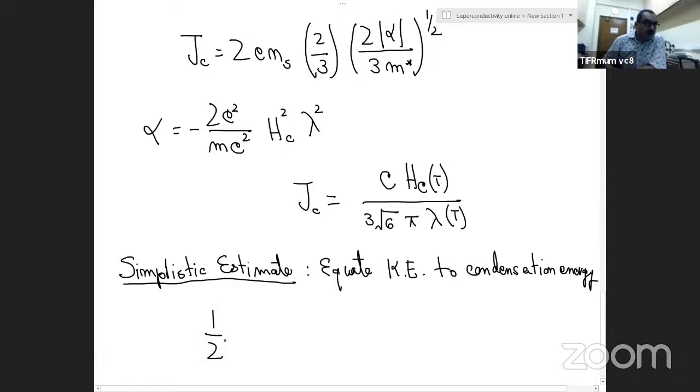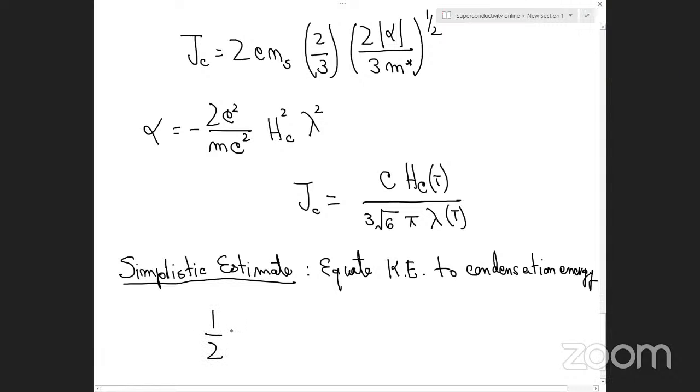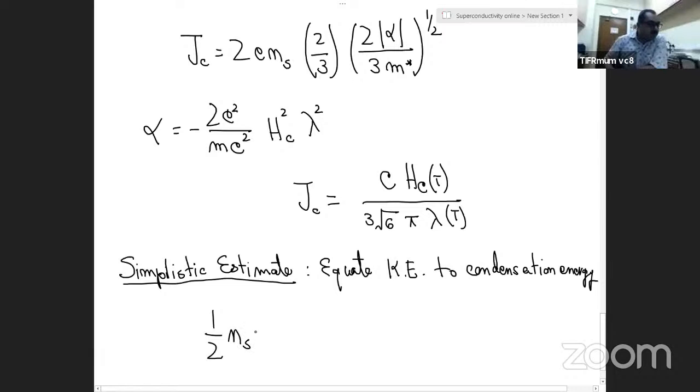So it is half ns m Vs square. But if I am at the critical current, this will be Vc. So Vc is the velocity corresponding to Jc. Alright, so I will equate these to what?